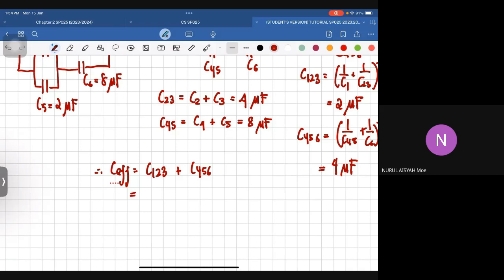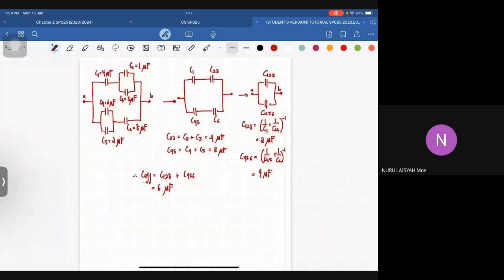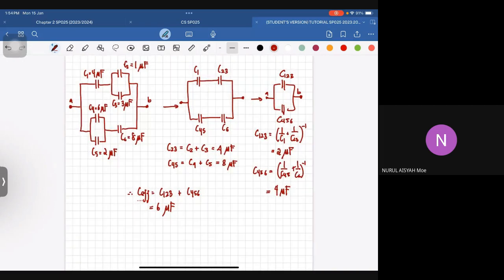So you will get 6 microfarad. So that is the effective capacitance for this circuit lah. Okay, ada masalah? Ya, yang lain okay? Alright.